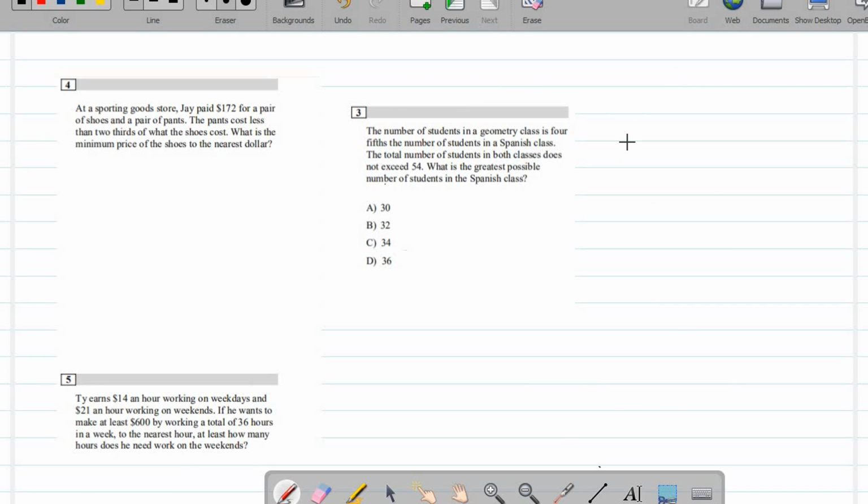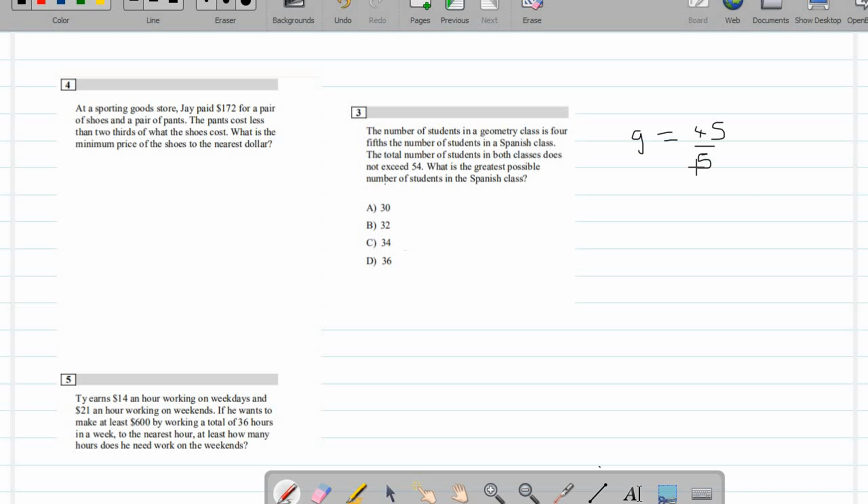It says the number of students in a geometry class is 4/5 the number of students in a Spanish class. So geometry is 4/5, that's 4 Spanish over 5, in a Spanish class.